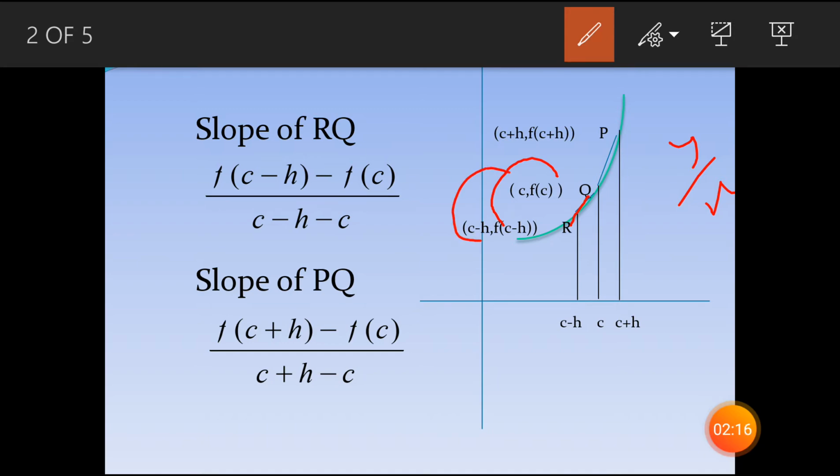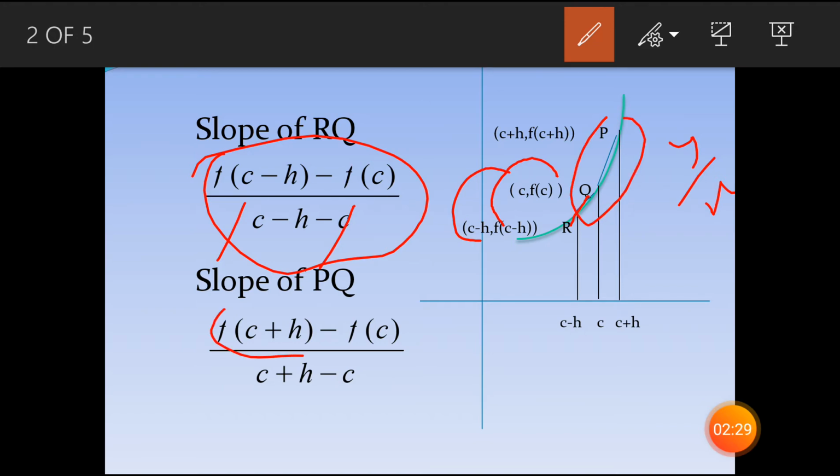So this is what we have written here. c and c will be cancelled. What will be left here? h. Slope of PQ, if you are going to calculate, then what will happen? The difference of y coordinate is f(c plus h) minus f(c), and the difference of x coordinate is c plus h minus c. Again c and c will be cancelled, h will be left. So this is how we have calculated the slope of RQ and the slope of PQ.